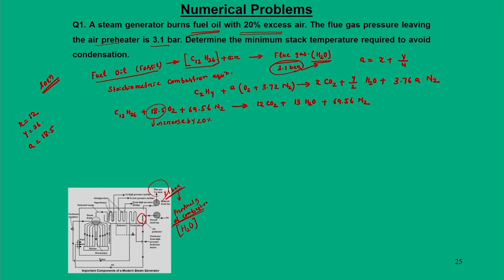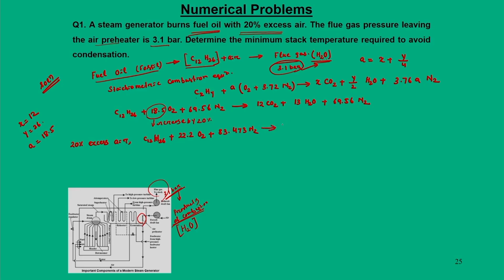Now, when we increase by 20%, the new equation comes out. With 20% excess air, our combustion equation will be C12H26 plus 22.2 O2, so this also is increased by 20%, plus 83.473 N2.